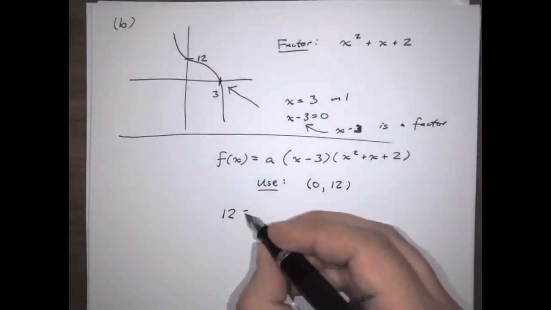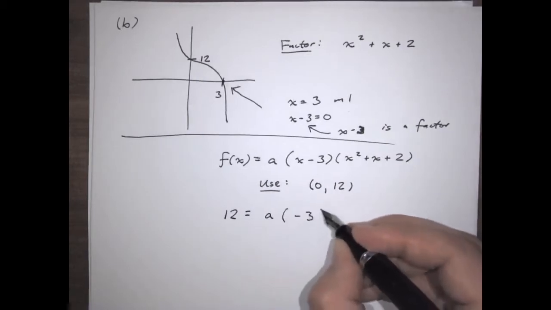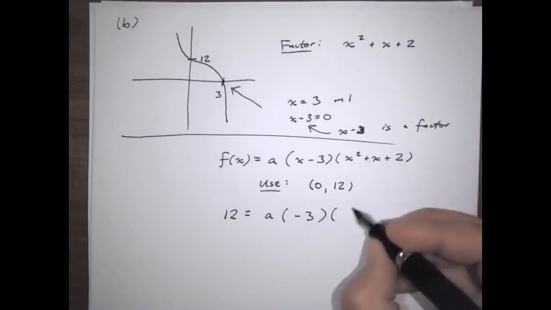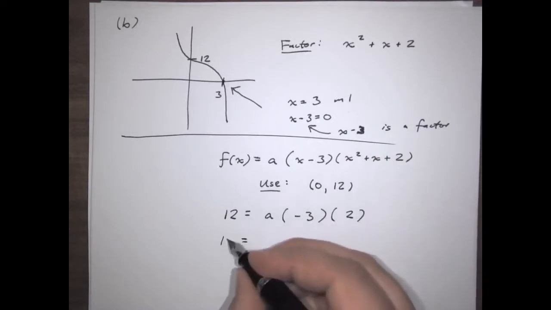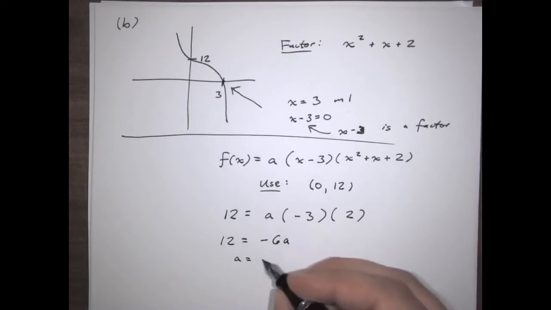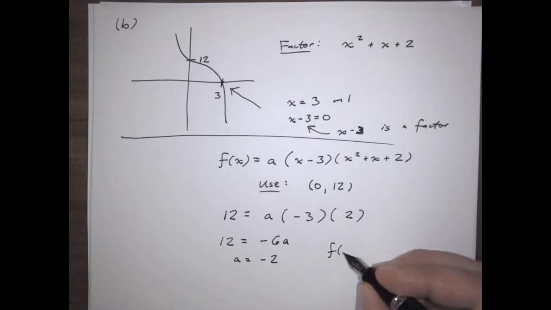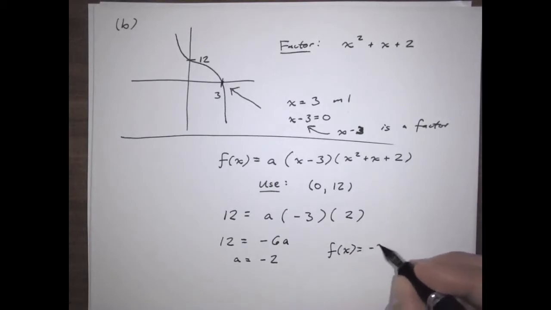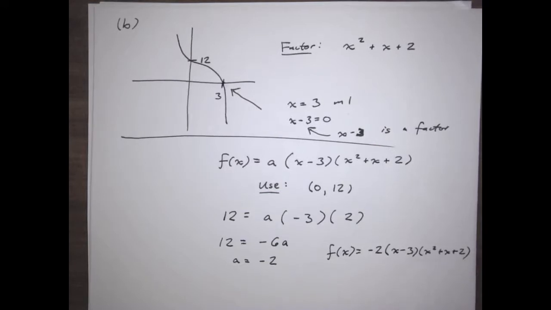So 12 is equal to mystery a times negative 3 times 0 plus 0 plus 2, and that's going to mean that 12 is equal to negative 6a, which means a itself is going to equal negative 2, which gives us a function f of x is equal to negative 2 times x minus 3 times x squared plus x plus 2.